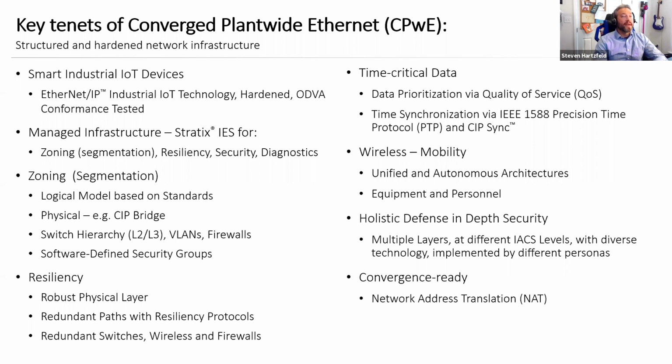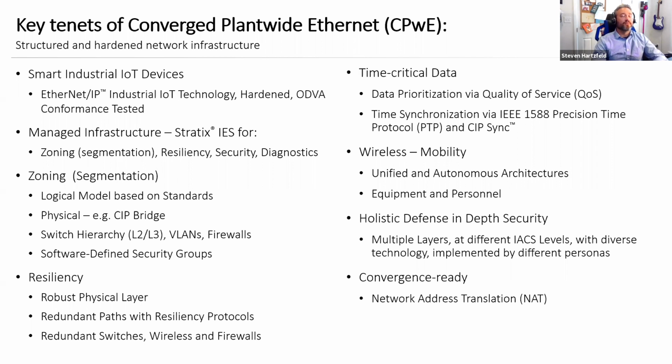We're going to leverage a managed infrastructure that ensures resiliency and security, as well as providing those really valuable diagnostics that help to troubleshoot and maintain the network. We're going to do zoning and segmentation, so creating a logical model based on standards, physically segmenting when necessary, developing a layer 2 and layer 3 switch hierarchy with VLANs and firewalls, and perhaps software-defined networking where possible.